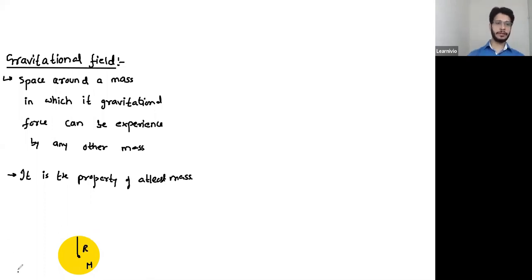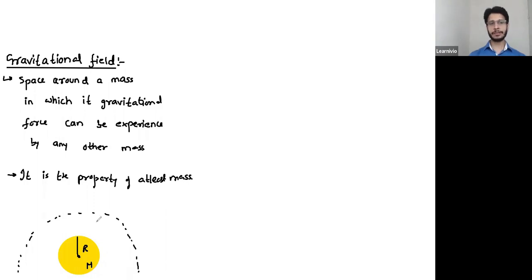There is a region around this capital M in which the gravitational effect of capital M exists, and that region is known as the gravitational field of capital M. If I take Earth, then there is a region around the Earth within which the gravitational effect of the Earth exists. And that region is known as gravitational field.